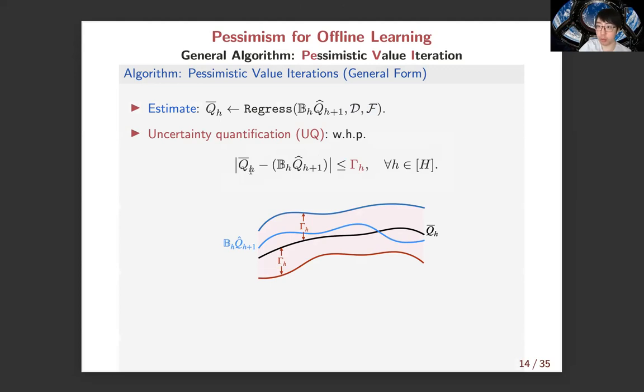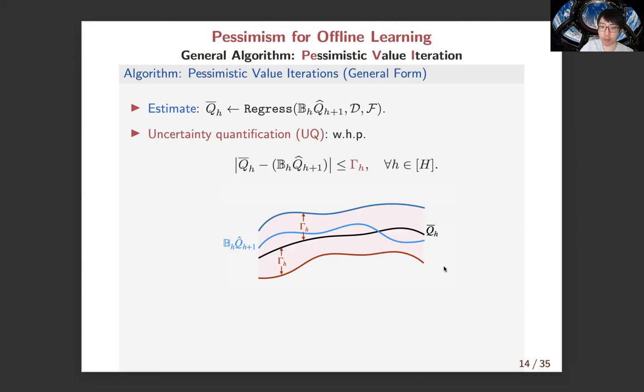So we can construct a uniform confidence band, which has the width of gamma. Gamma depends on the input, so gamma is also a function. Here the equation is for each state and action, and also for each h, which is the step within my entire horizon of capital H steps.